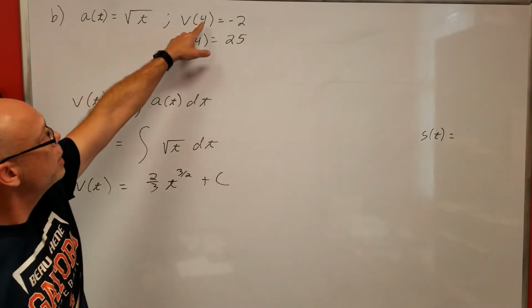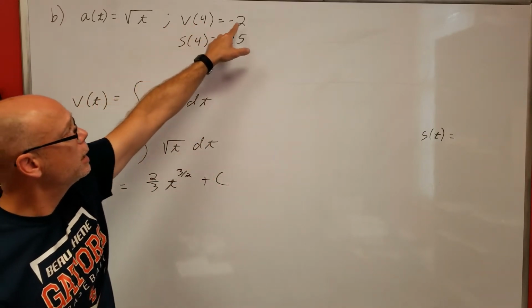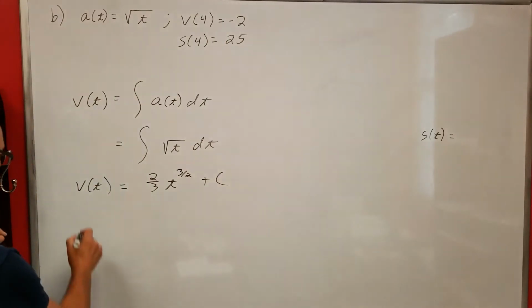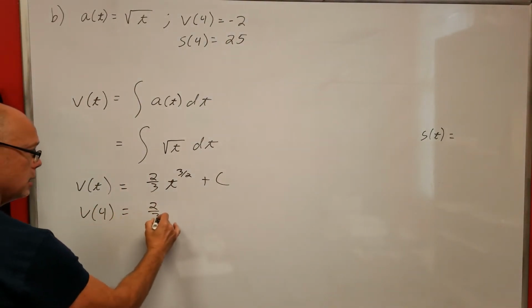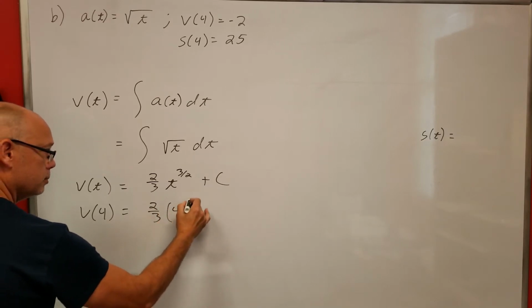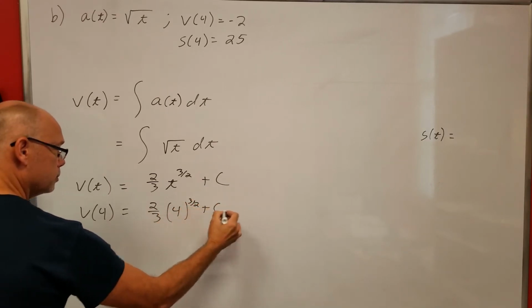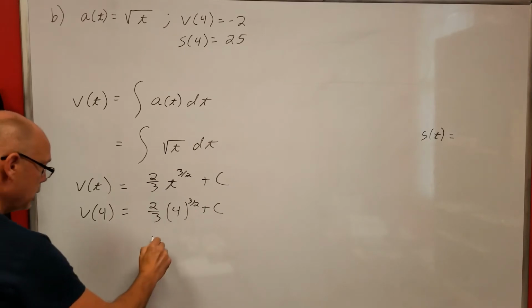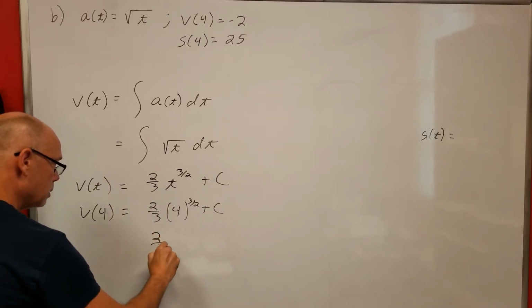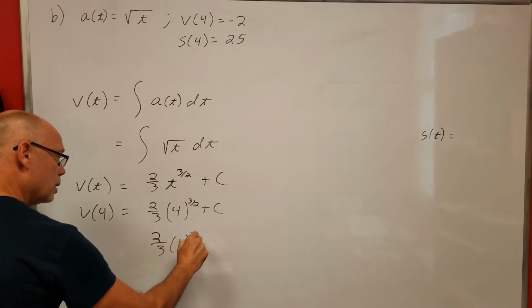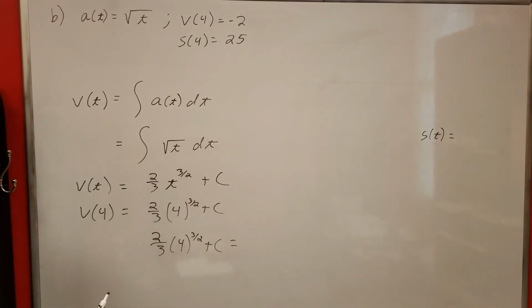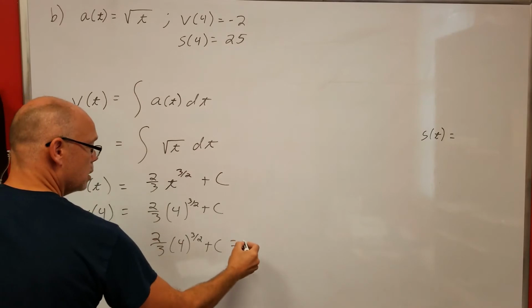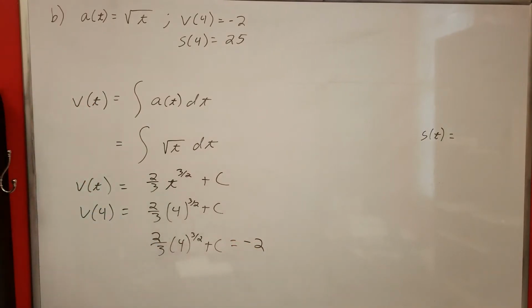However, they tell me that whenever I input 4 to v, I get out -2, right? So if I input 4 in for t, it'll look like this, right? And then this 2/3 times 4 to the 3/2 plus c should calculate to -2.